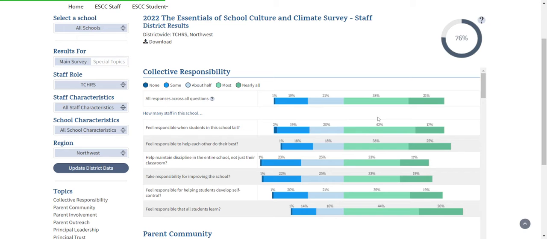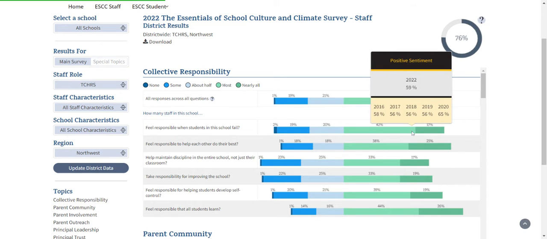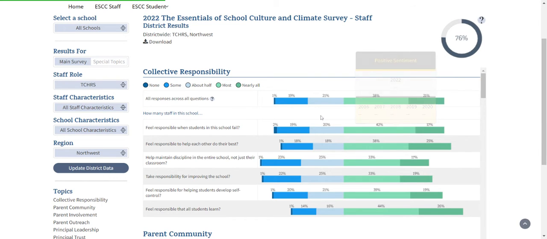Those two added up equal 59%. 59% of staff had positive sentiment regarding this question, compared to 2020, where it was 65%, 2019, 56%, all the way back to 2016, where it was 58%. Again, this allows you to very quickly make trend comparisons of the responses of your staff.